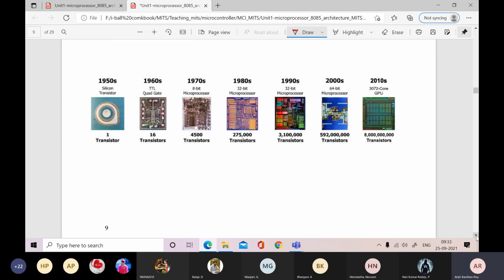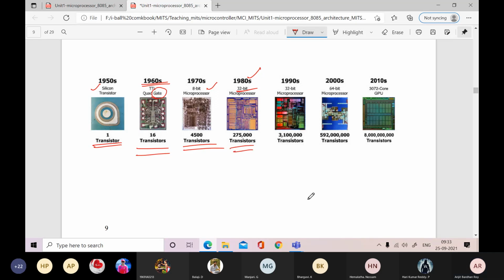So if you see, in 1950 the silicon transistor was introduced, one transistor. In 1960, we could fabricate one gate with the help of 16 transistors. After that, the first 8-bit microprocessor was made with the help of 4500 transistors. In the 1980s, a 32-bit microprocessor was fabricated with the help of 275,000 transistors.